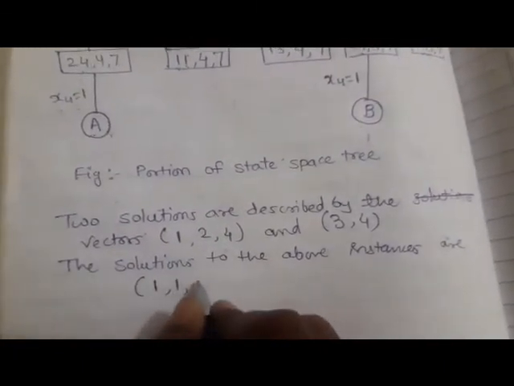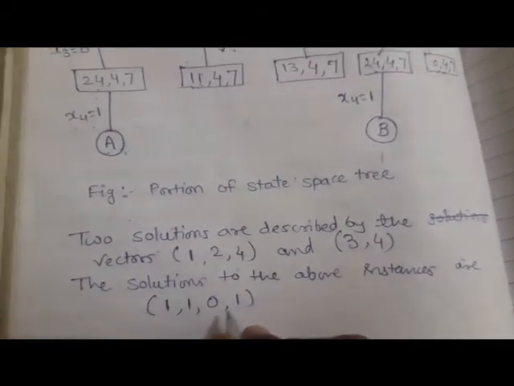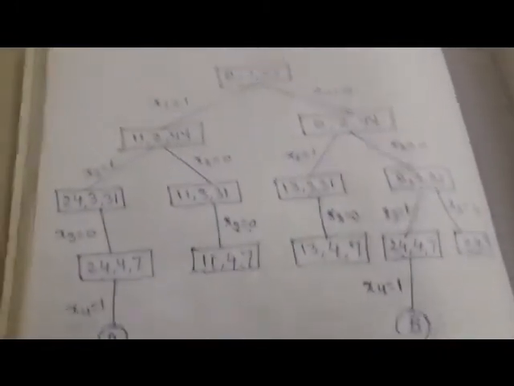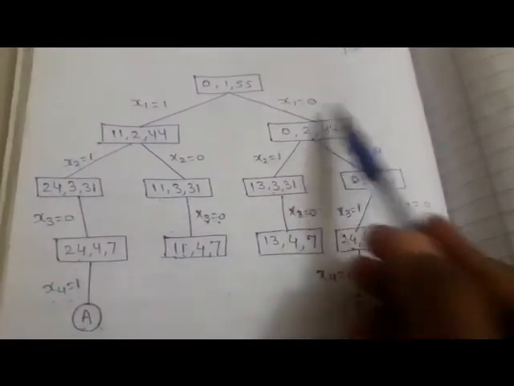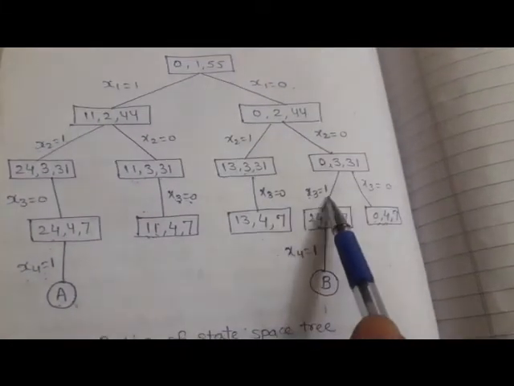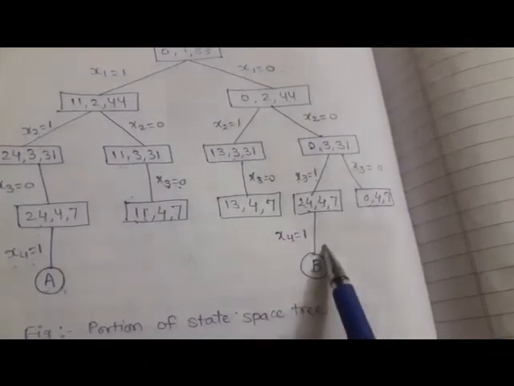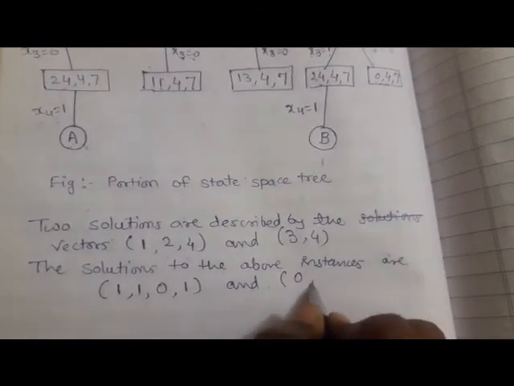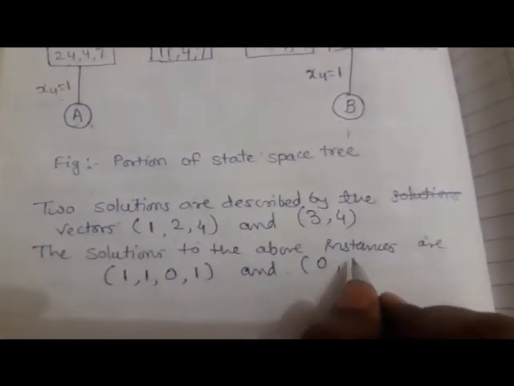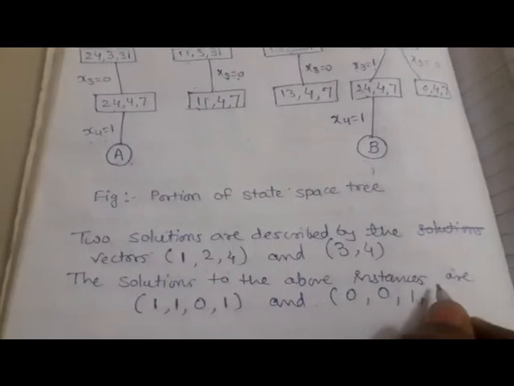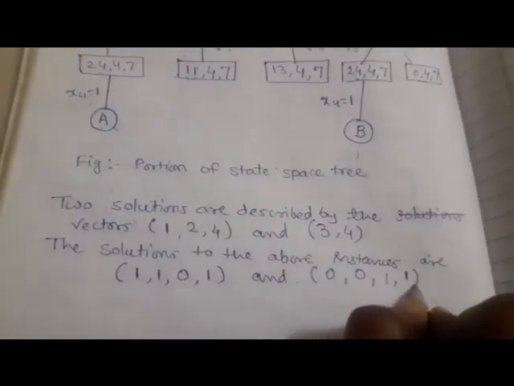So here the values of xi are 1, 1, 0, 1 for the first solution, and for the second solution the value for x1 is 0, the value for x2 is 0, the value of x3 is 1, and the value for x4 is 1.